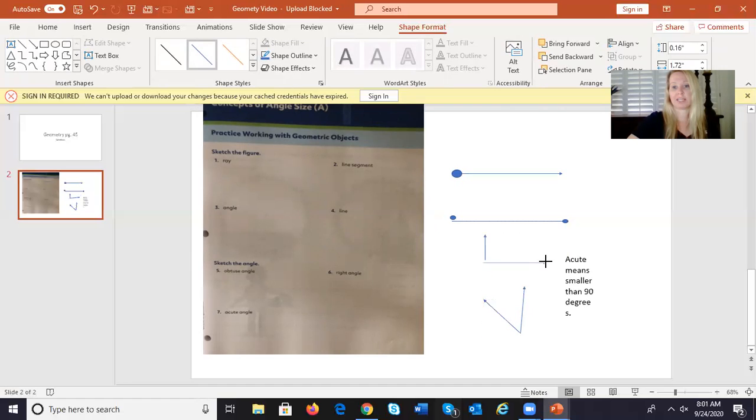And I'm going to try to straighten it out a little bit so that it looks like a perfect L. So right where the right angle meets, it's going to measure 90 degrees.